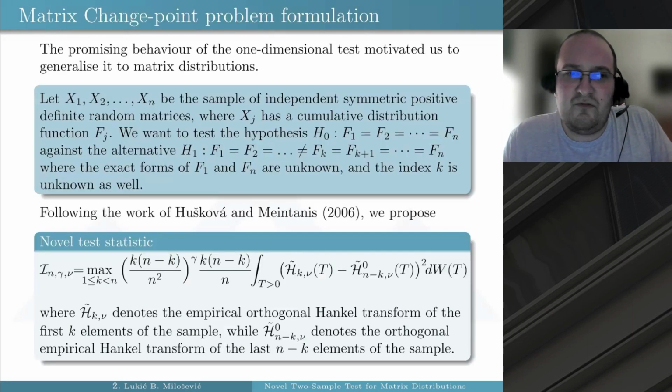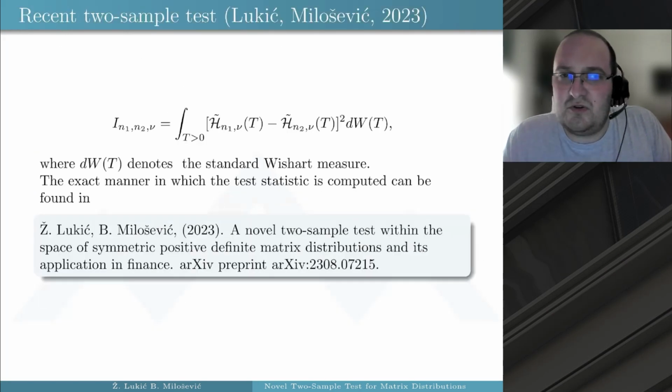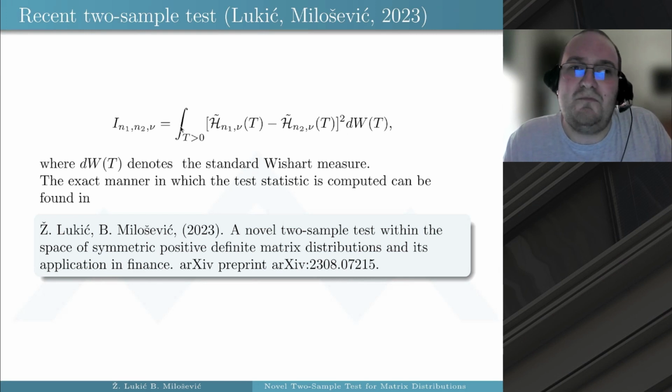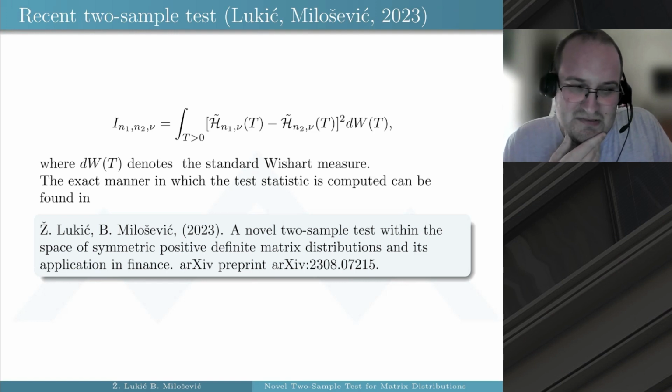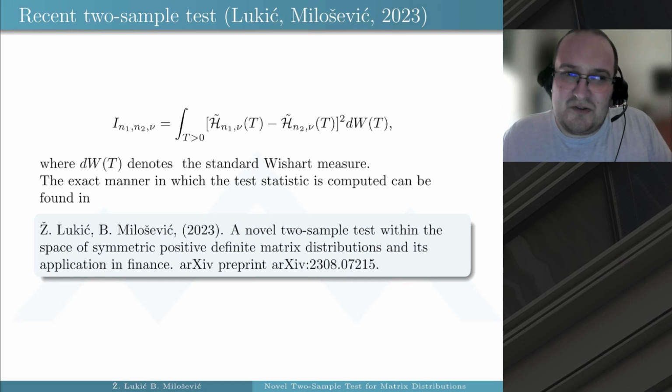But here, for example, we have used the Wishart measure to integrate because there were readily made expressions. In general, when you change this measure, this integral becomes hard to evaluate. That's why we don't have many references in the literature. So that was the second question.